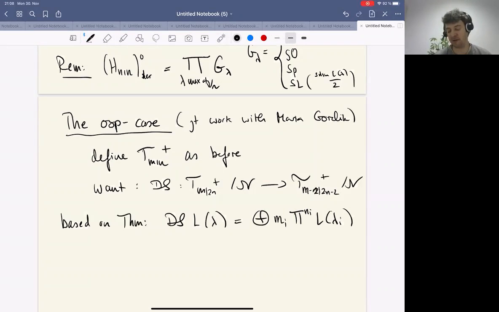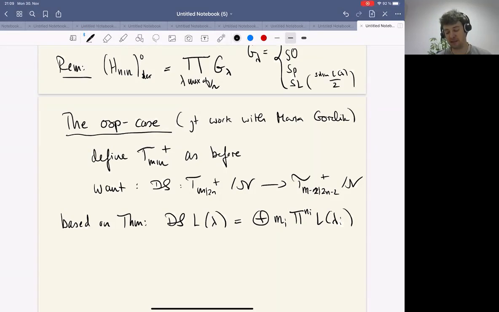And so this is basically the theorem. And furthermore, if the superdimension of this L_λ is positive, then the superdimensions of the L_{λ_i}'s are positive. So you have the same positivity property.